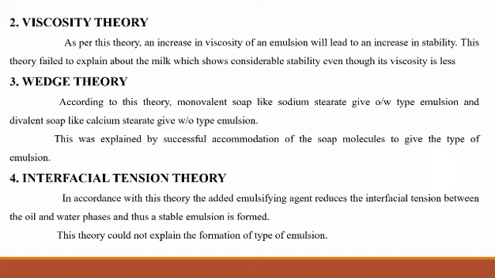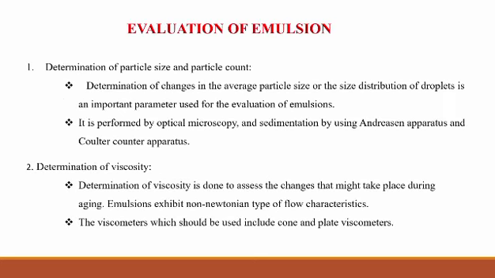So these are the four theories used in the process of emulsification. First is viscosity theory, wedge theory, interfacial tension theory, and film theory or adsorption theory. Next is evaluation of emulsions. So what are the instability problems we have learned?